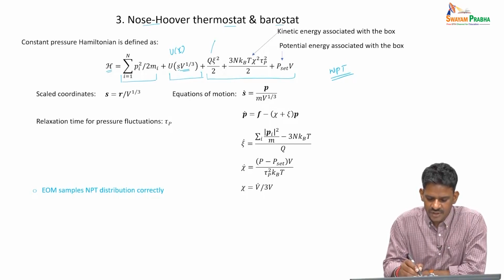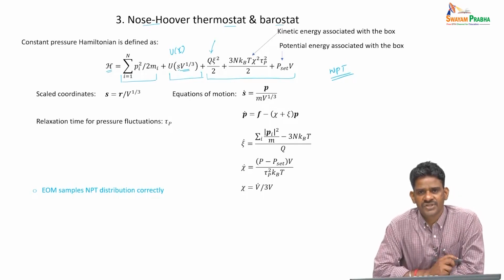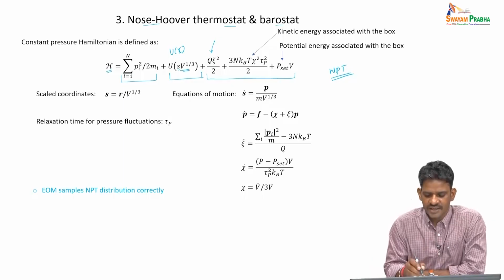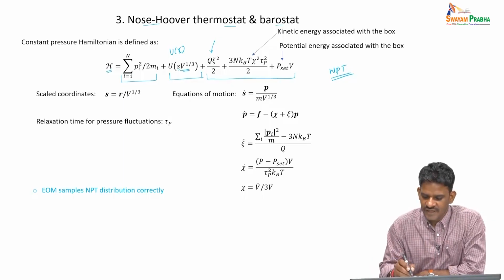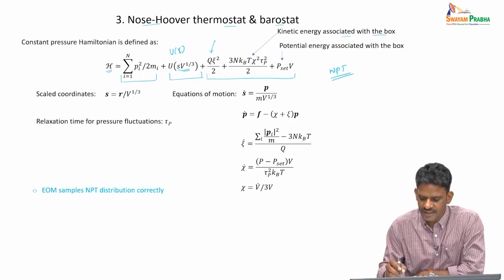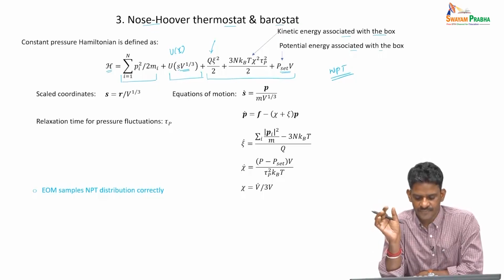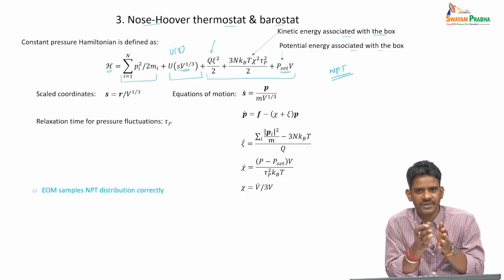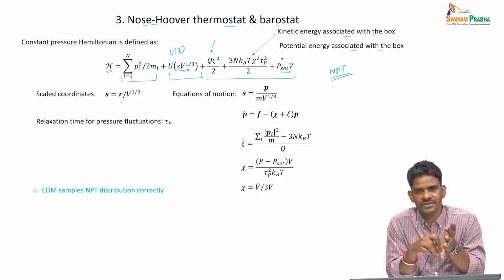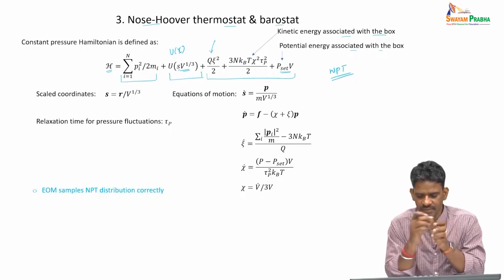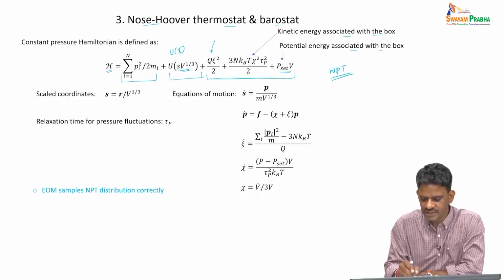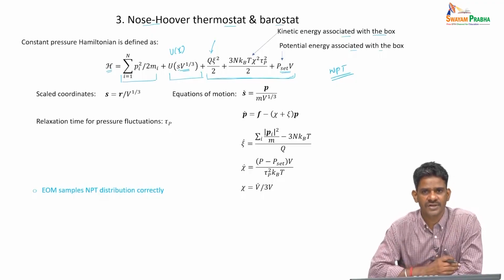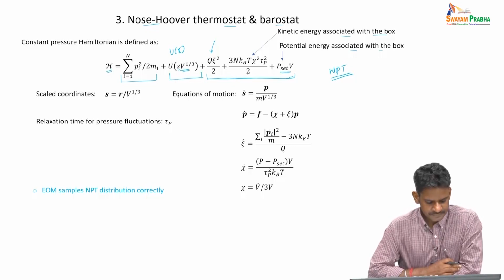This term comes from maintaining the temperature constant by having a kinetic energy term, and then we have an additional kinetic energy term associated with the box volume, and then we also have an additional potential energy associated with the box variations. So we are trying to combine all the additional degrees of freedom for temperature fixing as well as pressure fixing by having additional kinetic energies and potential energies to take care of the constant temperature, constant pressure conditions.